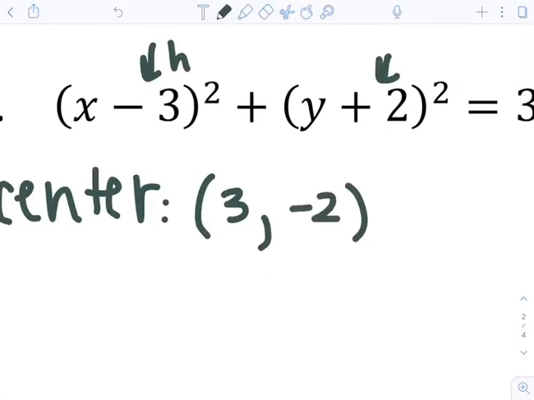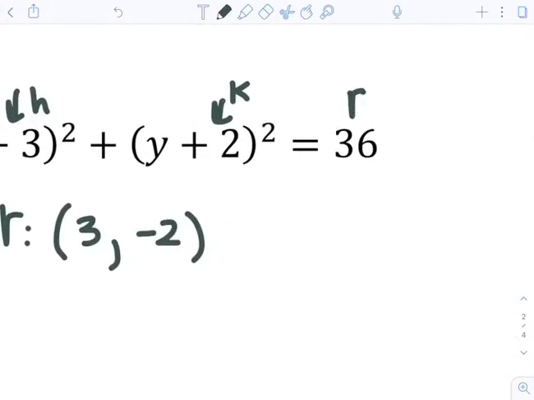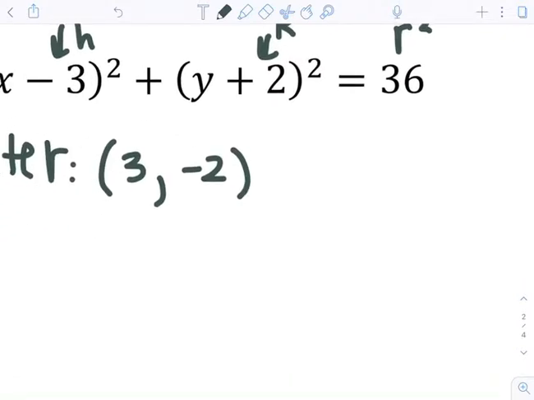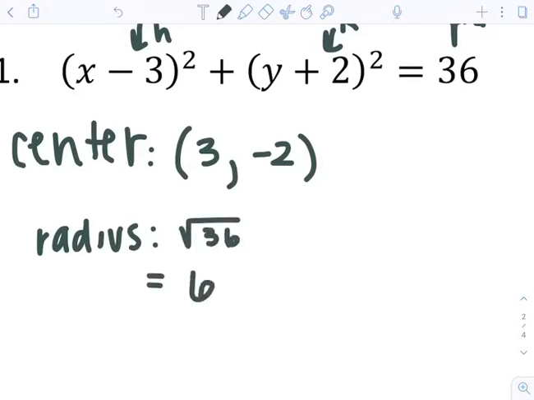Okay, here's my h. Here's my k. So 3, -2, and then this is my r squared. So if you want to figure out your radius, if this is r squared, what I need to do is take the square root of 36. So the radius is equal to the square root of 36, which equals 6.